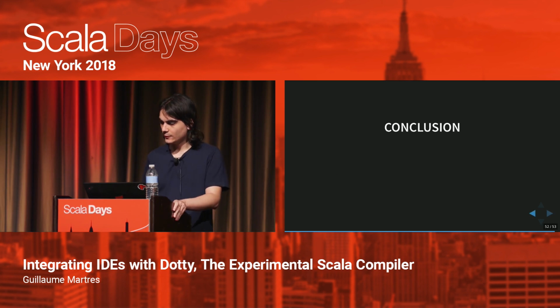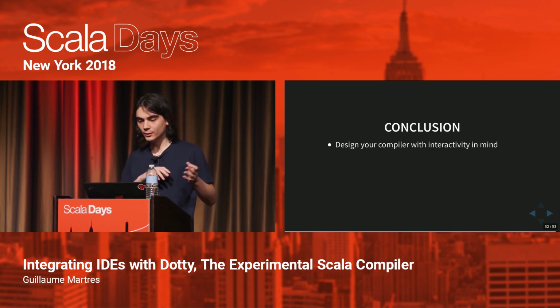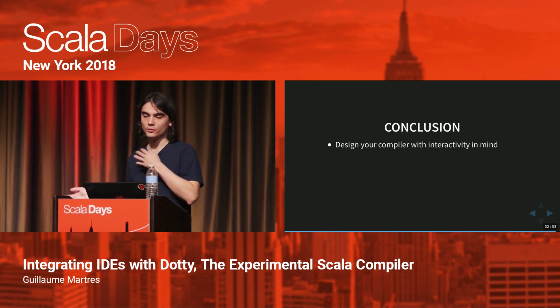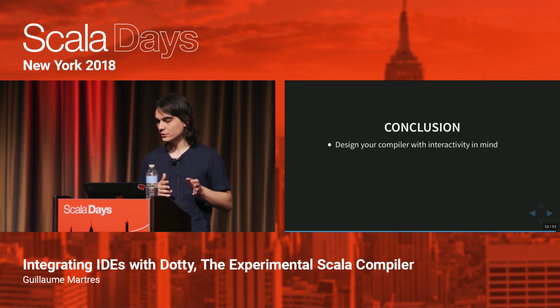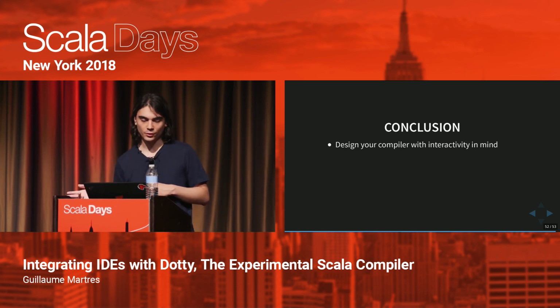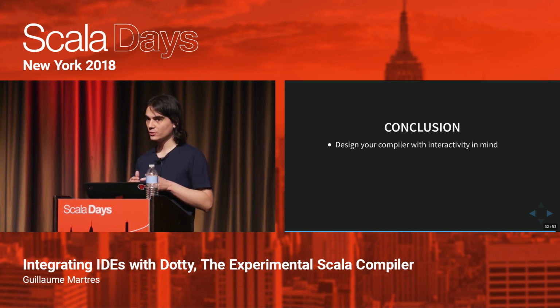All right, so to conclude, I think it's important to design your compiler with interactivity in mind, because a lot of features we're seeing here only work because we've tried to take interactivity into account when designing various parts of Dotty. For example, Tasty was not at all designed for the IDE features originally, and it sort of worked.